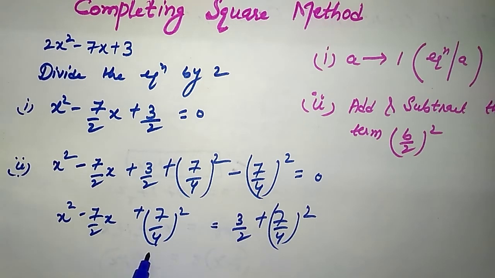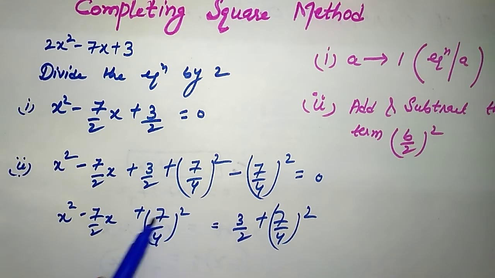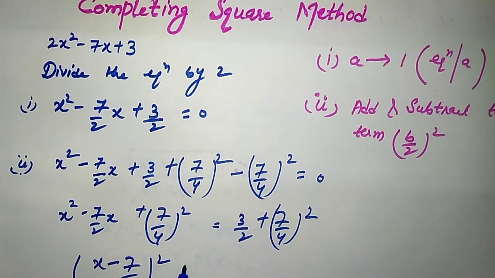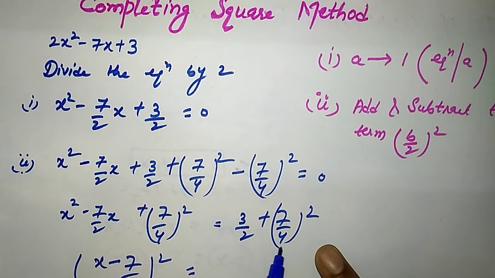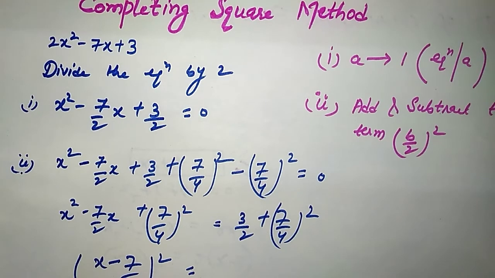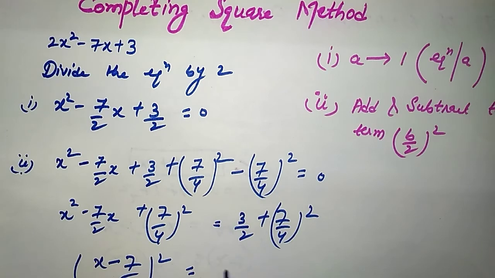Now you will see that this becomes an identity, a minus b whole square. This is a square, this is b square, and this is minus 2ab. So we can write it as x minus 7 by 4 whole square. And after a little simplification of this, we get LCM as 16, and here we have 24 plus 49.